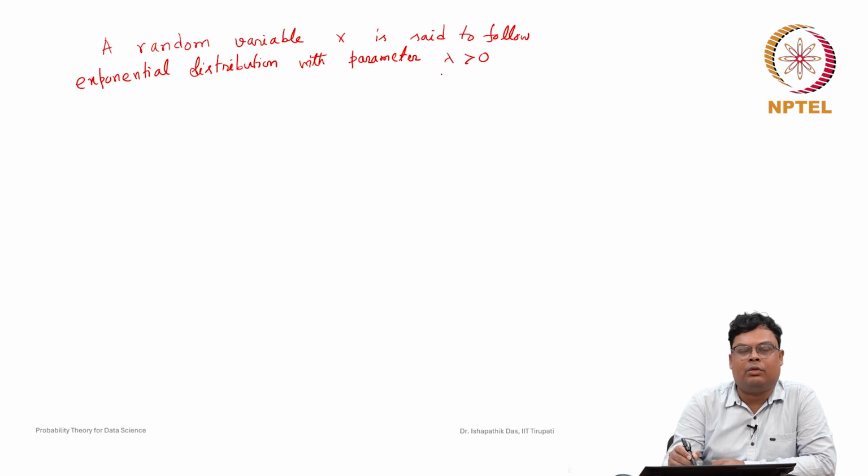Here, like the other distributions we discussed, there is one parameter, lambda greater than 0, a real number. It is a continuous distribution.